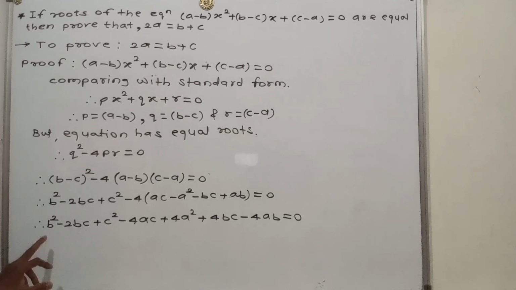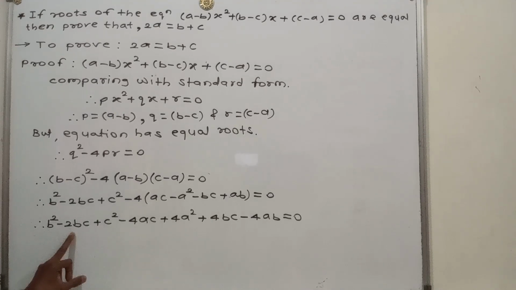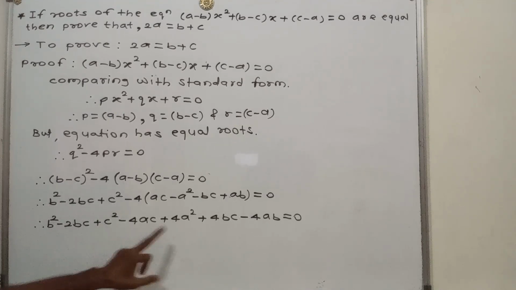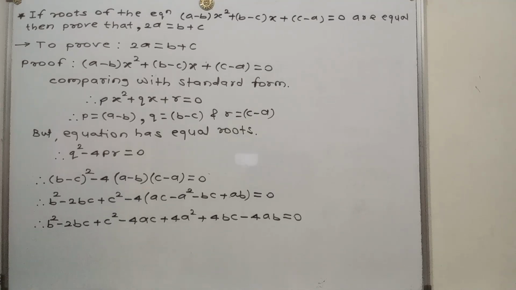Now here b², c², and what is remaining: minus 2bc and plus 4bc, these are like terms.